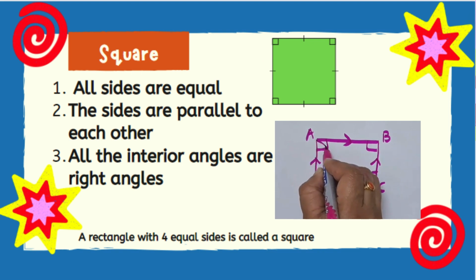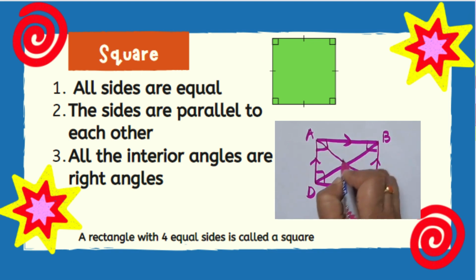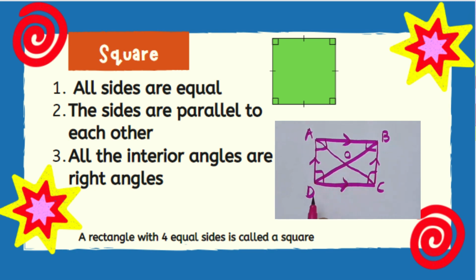And the diagonals also bisect each other. So a square is a rhombus with all angles equal to right angles.